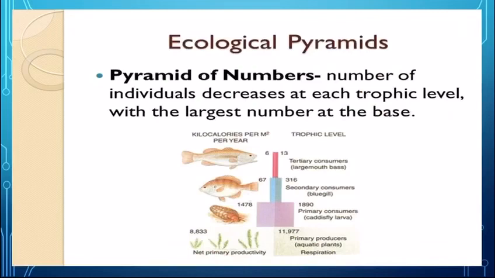So according to this energy consumption and food chains, we make pyramids. There are two types of pyramids: pyramid of numbers and pyramid of biomass. A pyramid of numbers can be normal or inverted depending on how we are calculating.